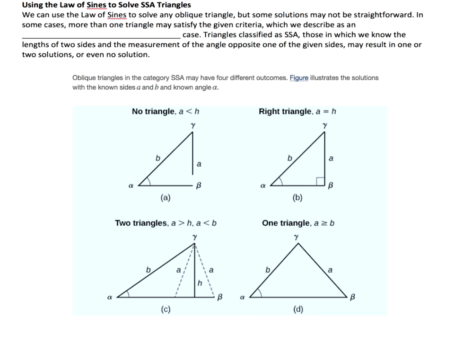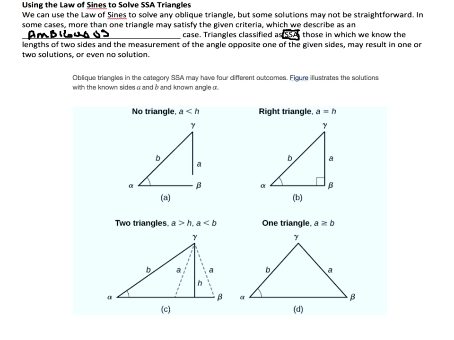So we call these the ambiguous case. Triangles classified as SSA or ASS, where we know two side lengths and the non-included angle, can result in one of these four situations here.